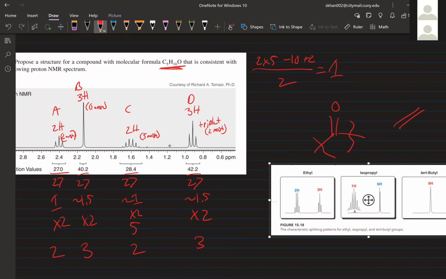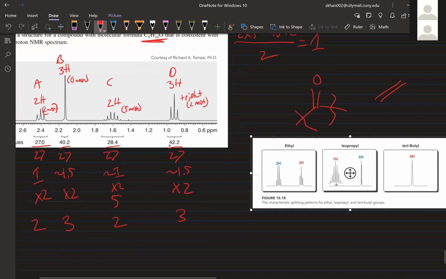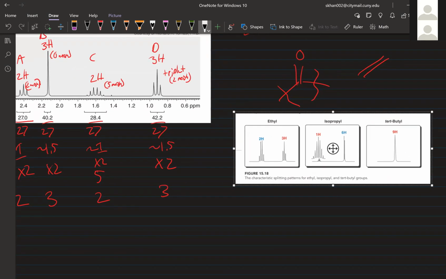So that's most likely coming from a methyl group. It's telling us there are 3 hydrogens with 2 neighbors. So we could say one part of the structure is a methyl group, and it's next to a carbon that has 2 hydrogens on it. But what's the difference here? This is a quartet normally, but we have a sextet.